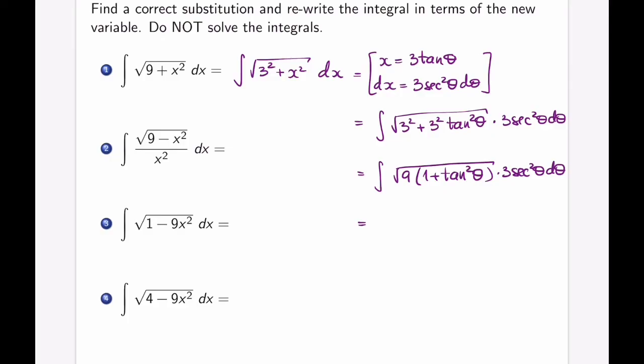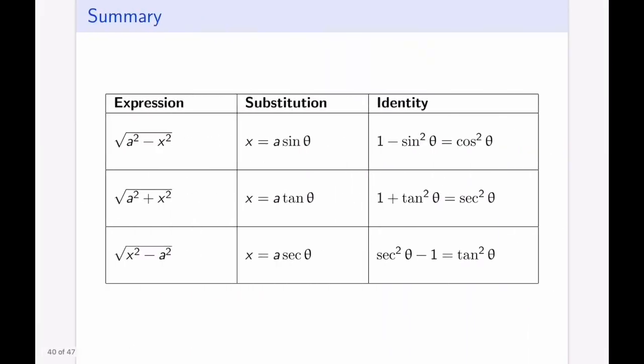Well, first of all, I can, of course, now split this square root over the times. Or I can actually just transform this 1 plus tan squared theta into something else using the corresponding trigonometric identity. This is once again where this table is going to be useful. This is the line that I used. This was the expression in my integral. This was the substitution I performed.